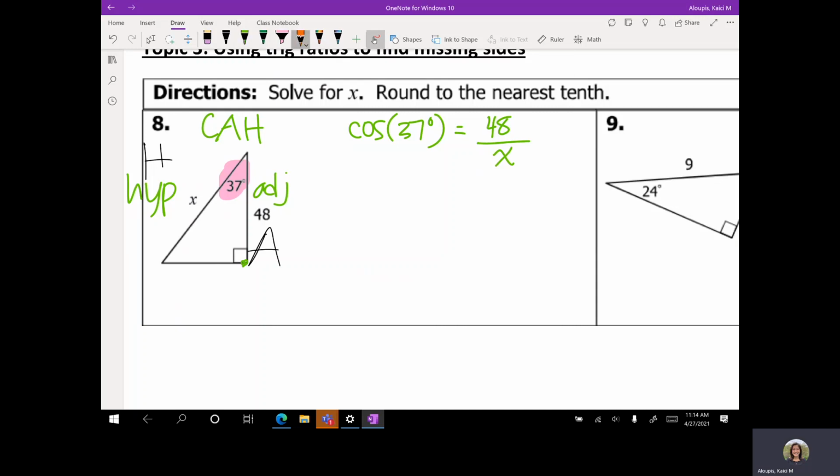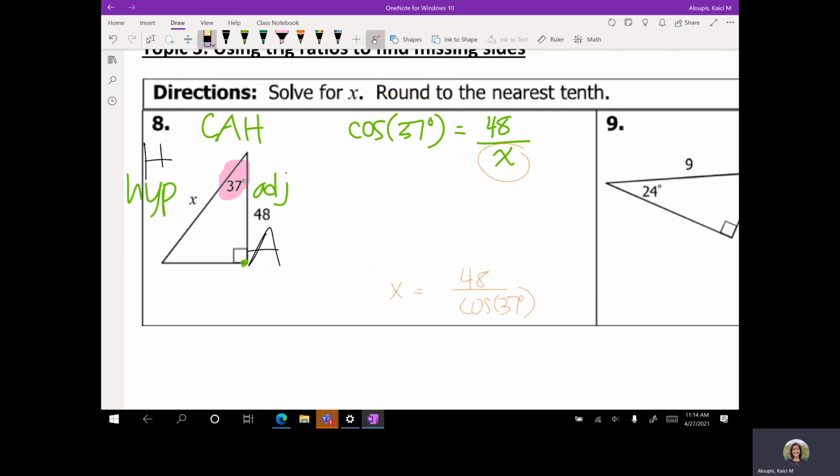The shorthand trick to solve for x here is to flip these two. We're going to have x is equal to 48 divided by cosine 37 degrees. That's the shorthand.